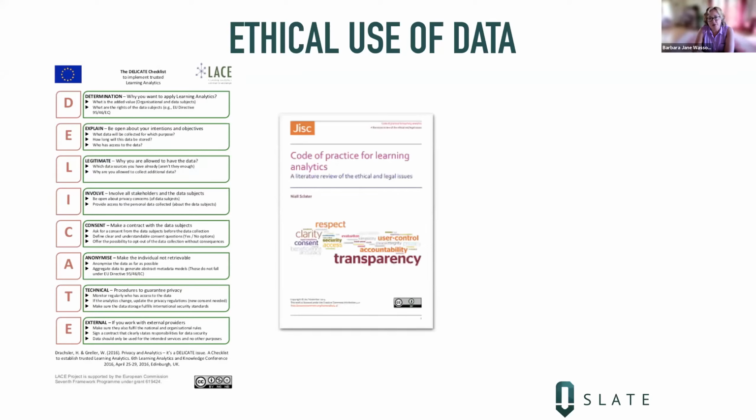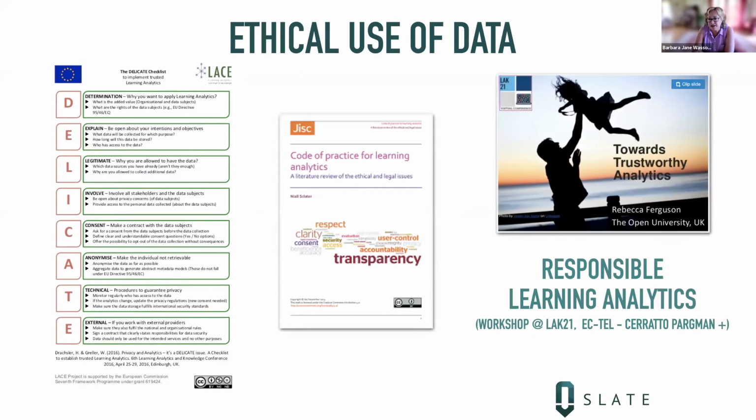JISC has a code of practice for learning analytics and a literature review of ethical and legal issues. It's getting a little bit older, but I think they keep updating, at least on their websites, if you're interested to see how they're doing it in England.